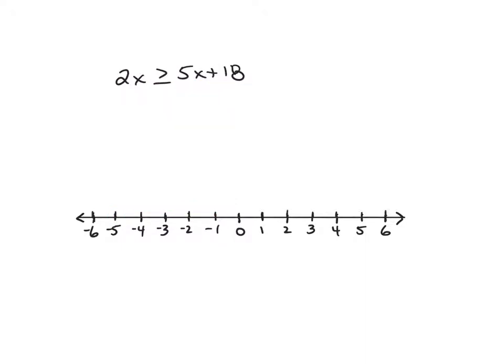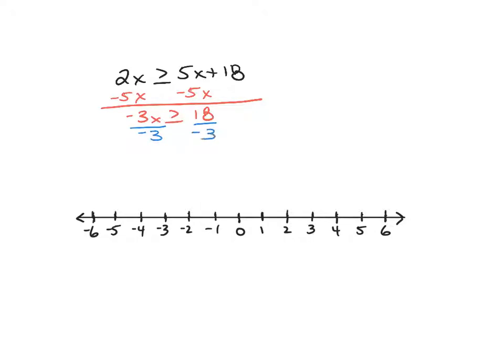Let's look at just a couple more examples. As you can see in this problem, I want to get the x's together, so I am going to subtract 5x from both sides. When I subtract 5x from the left-hand side, I get a negative 3x is greater than or equal to 18. Now I'm going to divide both sides by a negative 3.